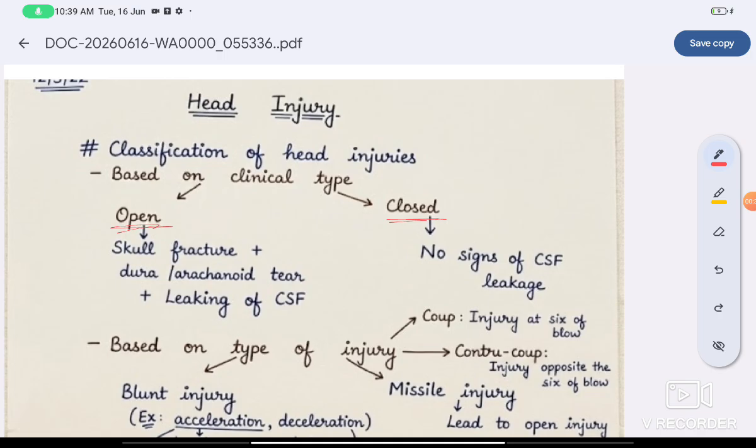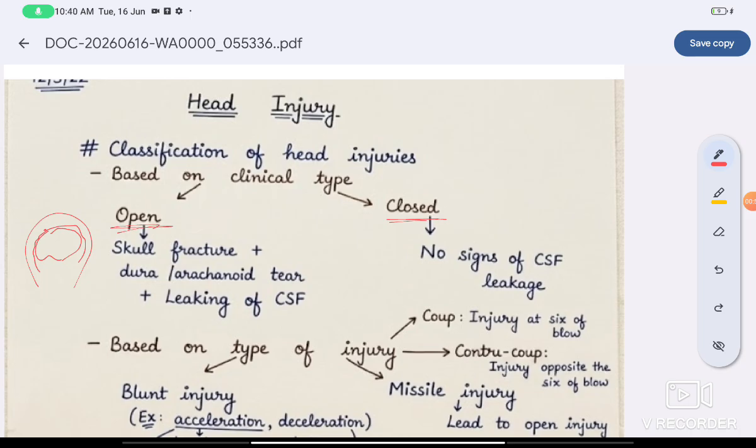Open injuries are those wherein there is communication between the internal and the external environment of the body. Okay? So, inside the cranium, the brain is well protected by the presence of dura mater and cerebrospinal fluid.